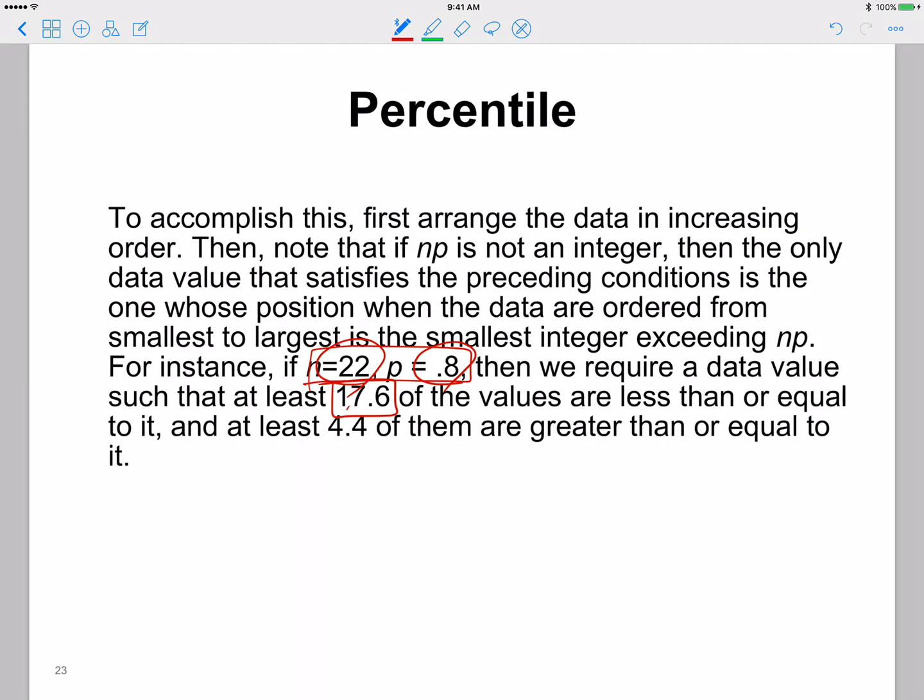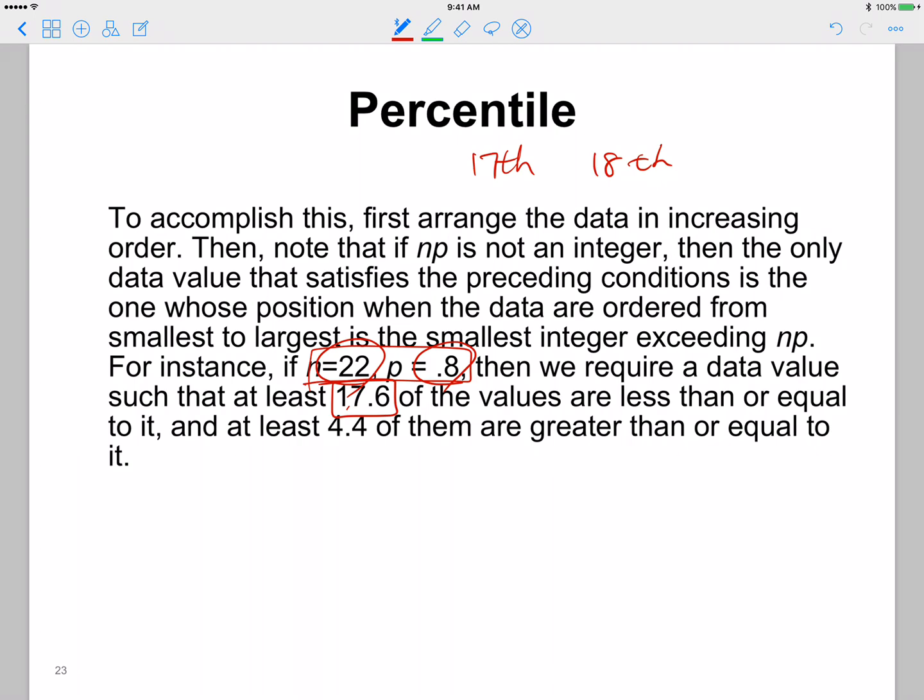So we sort them in an increasing order, and then we have to pick up the 17.6 ranked one, right? So in this case, we can only choose the 17th or 18th because these two are the existing data items that we can pick up, right?